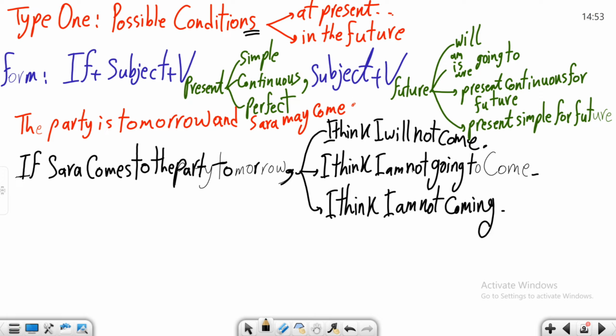Let's take the form. The form here is we use if, then subject, verb in present simple, continuous, or perfect. And then we have the end of the if clause or the subordinating clause. The beginning of the result clause or the main clause is the subject, then verb in the future: will, is, are going to, present continuous for future or present simple for future.